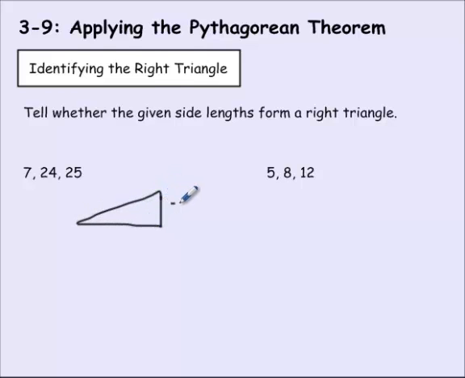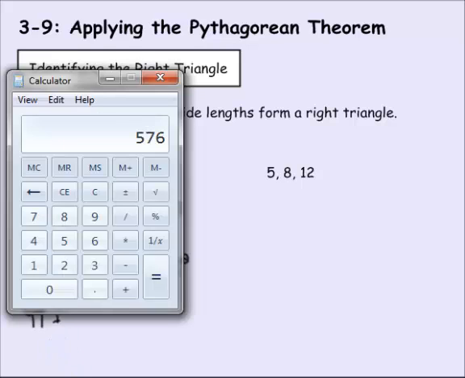So here's our triangle. This side we can make 7. This is another short side, so 24. And then the long side over here would be 25. So does a squared plus b squared equal c squared? Does 7 squared plus 24 squared equal 25 squared? Let's find out. 7 squared is 49. 24 squared is 576.